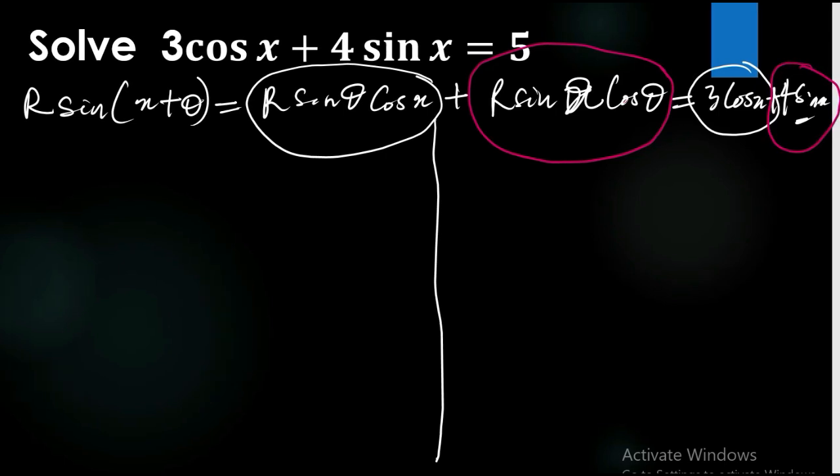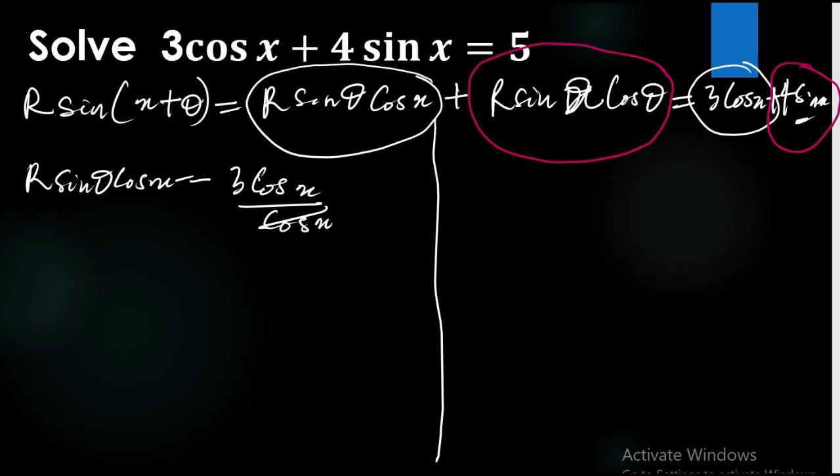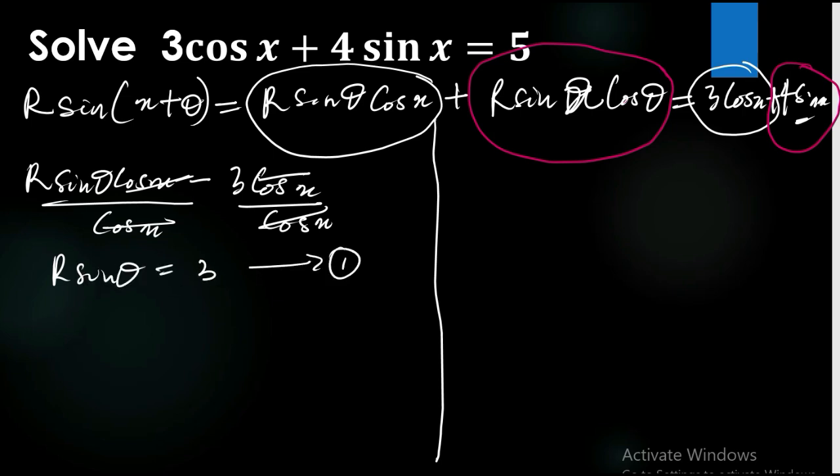So we'll be saying that r sine theta cos x is equal to 3 cos x. Now, I can divide both sides by cos x, so that r sine theta is equal to 3. Let's call this equation 1.